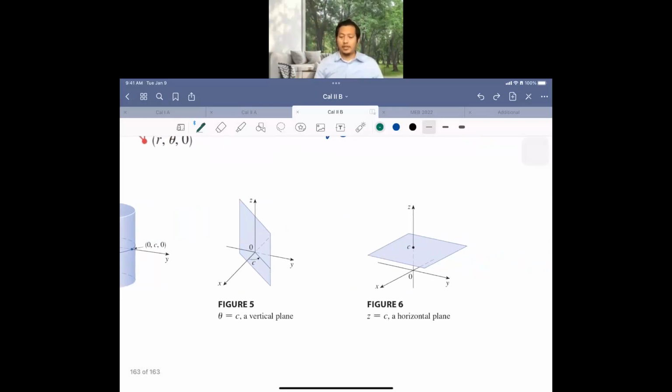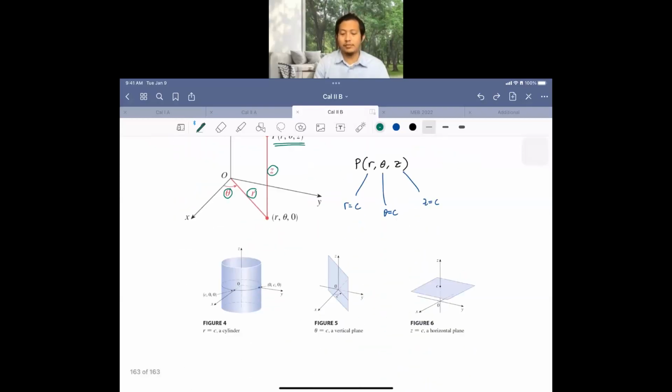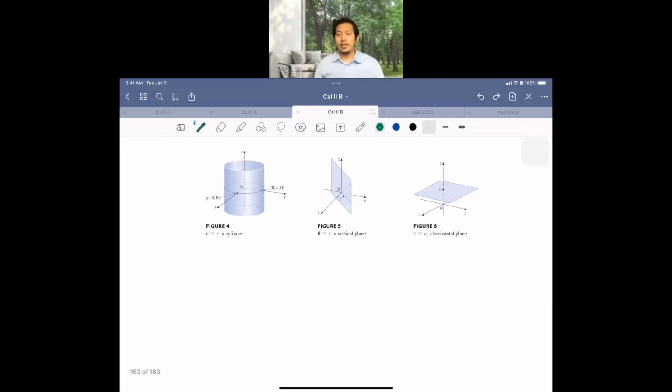And for z equal to a constant, you're not going anywhere vertically, so you have a horizontal plane. Now after we deal with the cylindrical coordinate system and what it looks like when each variable is constant, we have the triple integral.